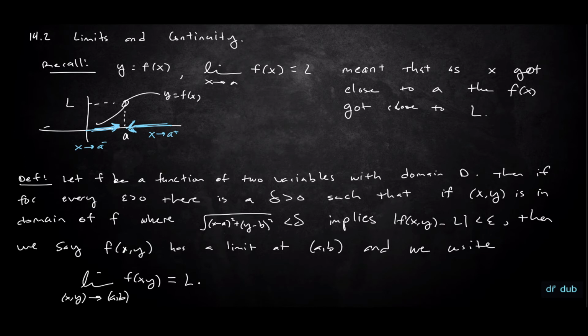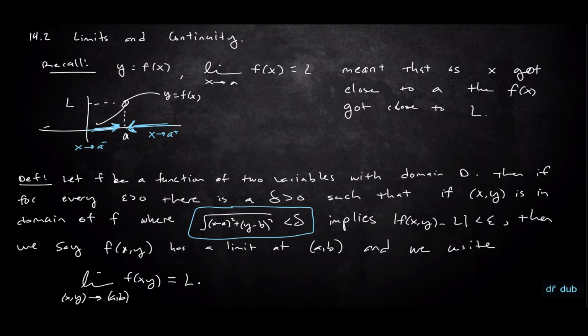So there's a lot going on in this definition, but probably the takeaway is that the point you're finding the limit at is the point a, b, which may or may not be in the domain of f, but you're somehow approaching that using this circle of radius delta.